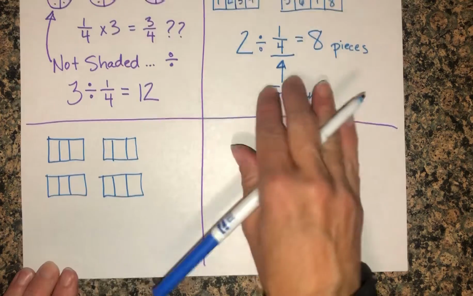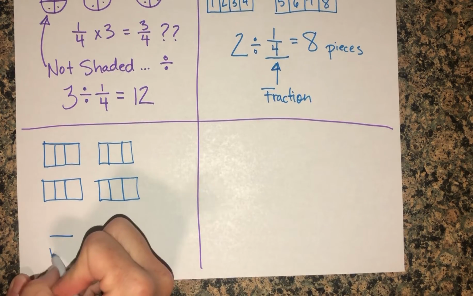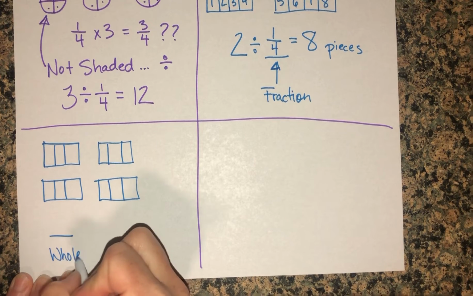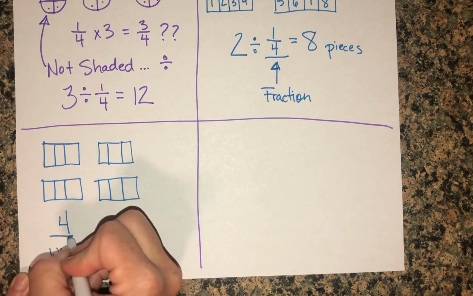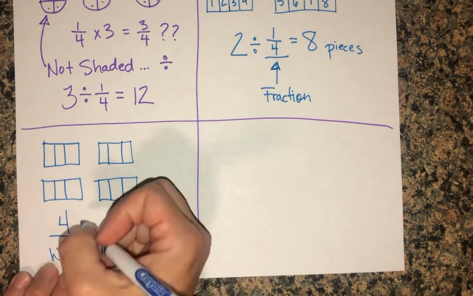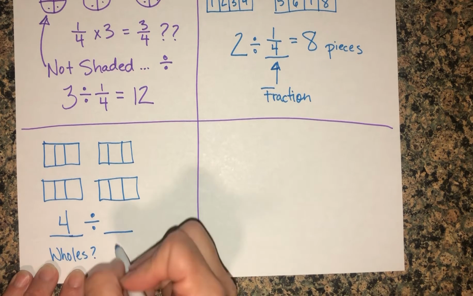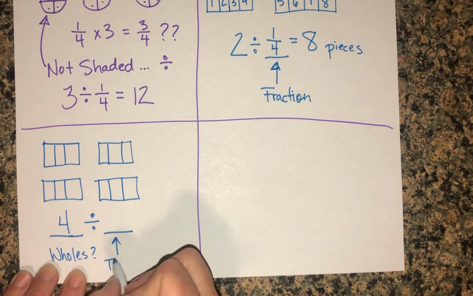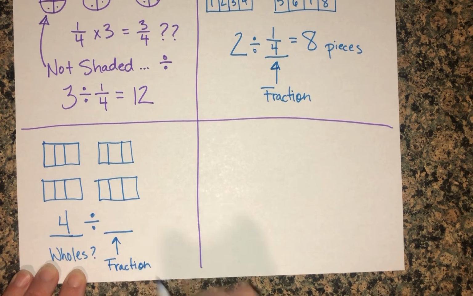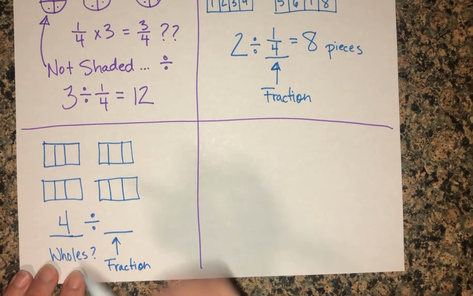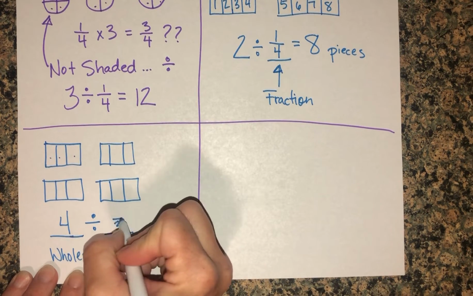So going over what we did before, I start out with how many holes? 1, 2, 3, 4. So that goes first. You're dividing them into fractional size pieces. The next number is your fraction piece, like what you're splitting it up into, the tiny pieces. So I'm splitting these up into 3 pieces, so that means they're split into 1/3.